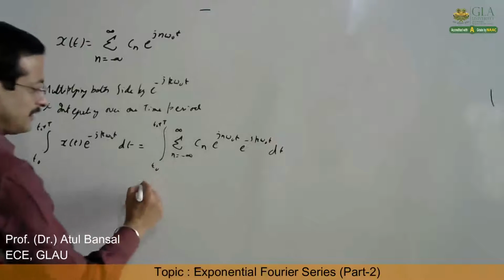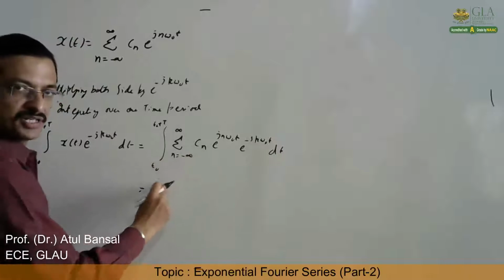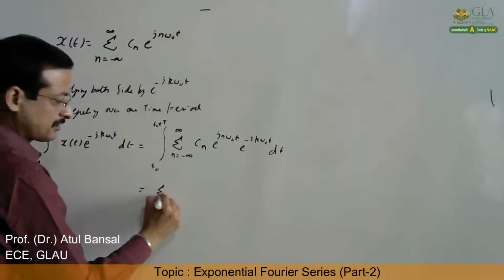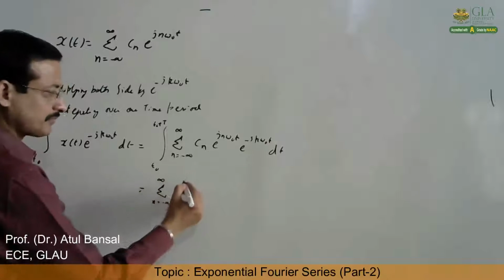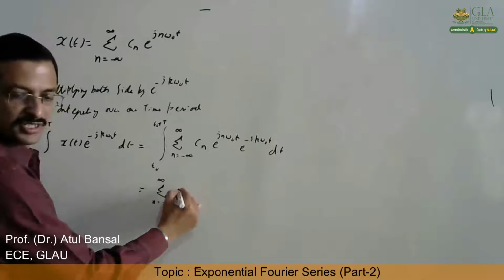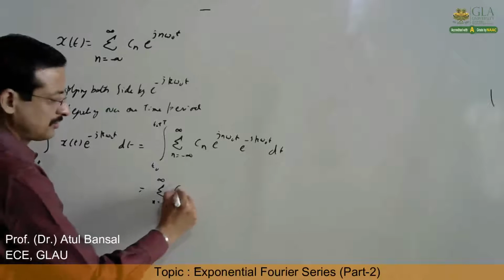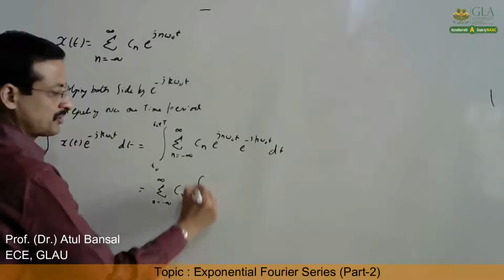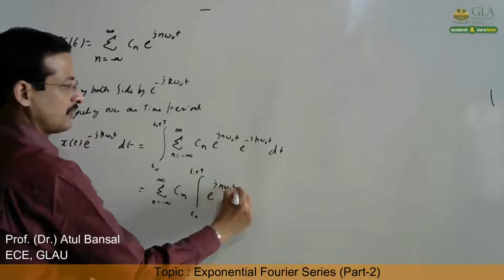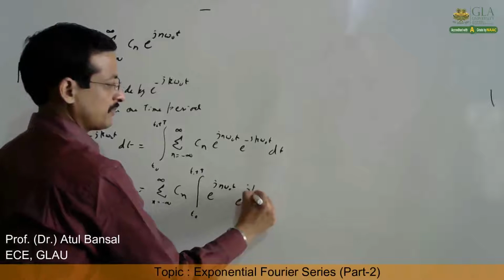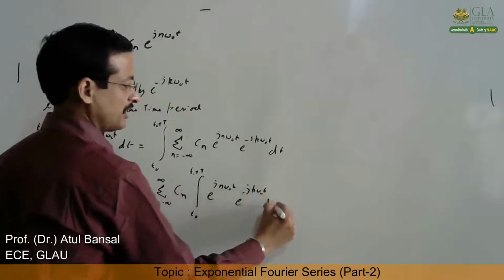Now on the right hand side we can interchange summation and integral, so we can take this separately, and Cn is constant, so we can also take it out. This becomes integral from T0 to T0 plus T of e raised to power j n omega naught t times e raised to power minus j k omega naught t.